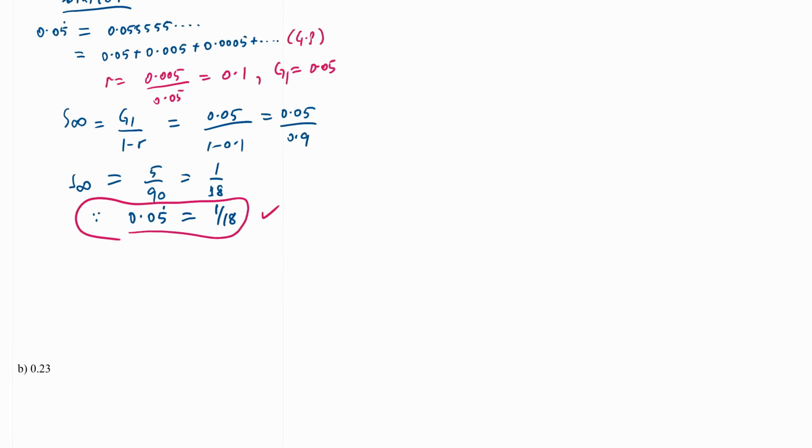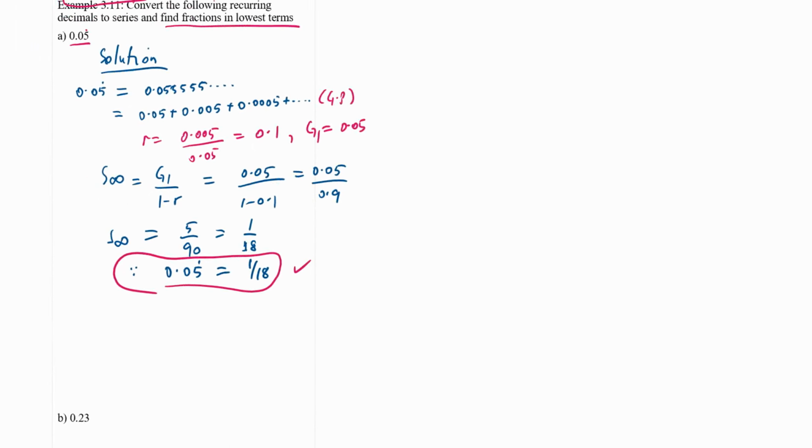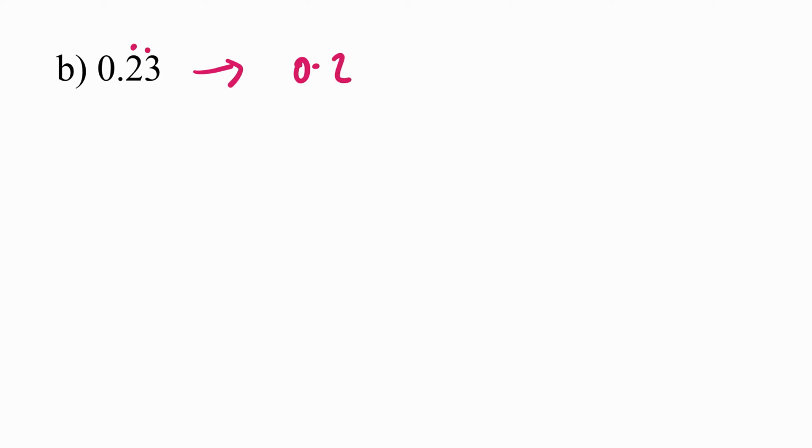Going to example number 2, we have 0.23 repeating. We are supposed to convert it into a fraction. Since 2 and 3 are repeating, we can say that 0.23 repeating equals 0.232323, it goes to infinity.